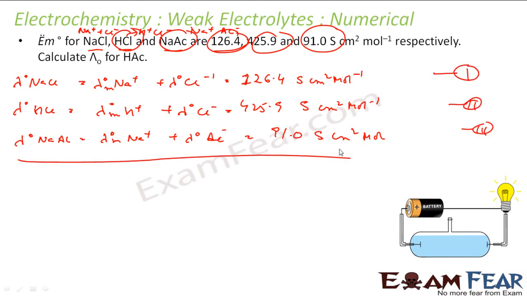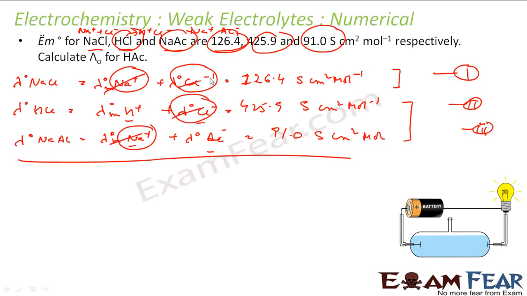Now, if we add the second and third equations and then subtract the first equation, we get lambda naught of H+, Cl-, Na+, Ac-, and from this we are subtracting Cl- and Na+. So these two will go off and these two will go off.